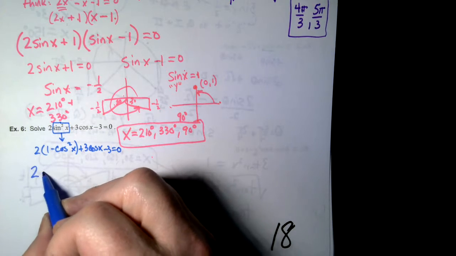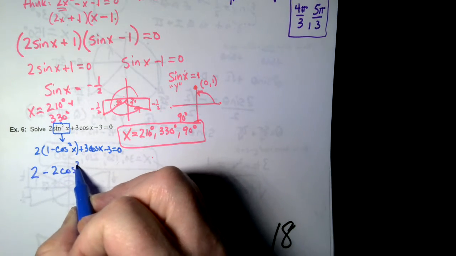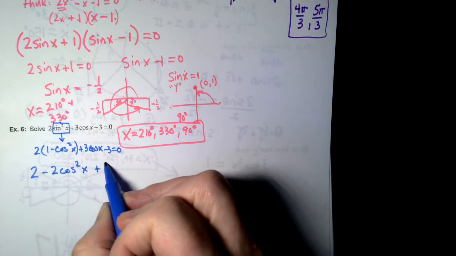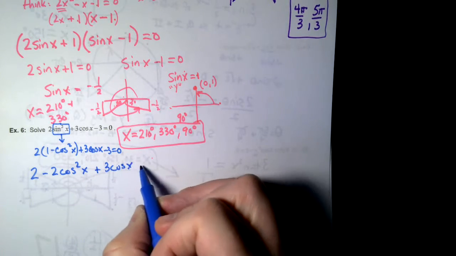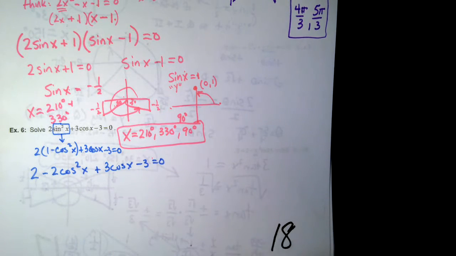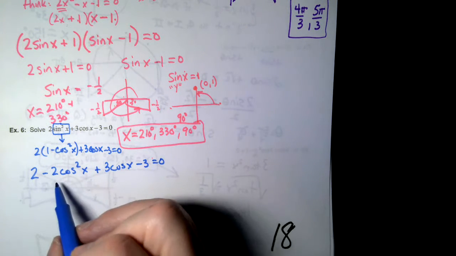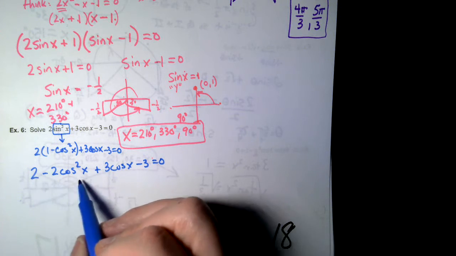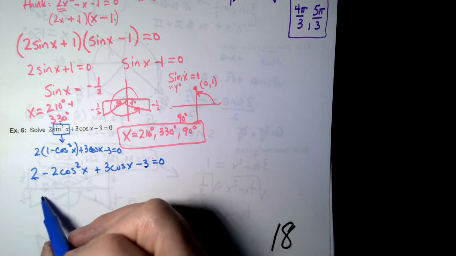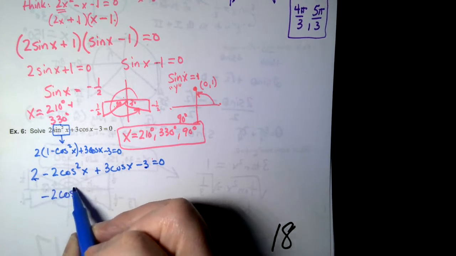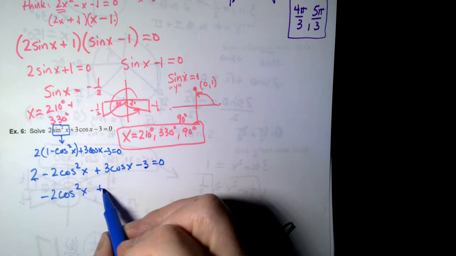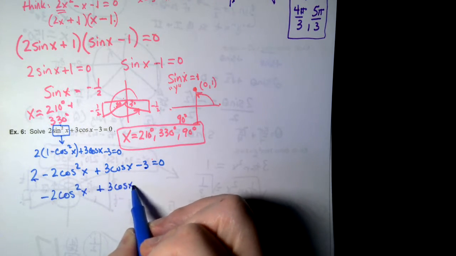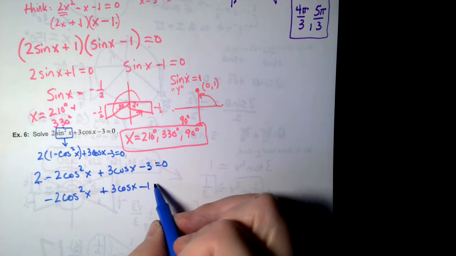That would give me 2 minus 2 cosine squared x plus 3 cosine x minus 3 equals 0. I do have to combine like terms. Never mind, I was going to say don't worry about combining like terms, but this 2 and this negative 3, plus 3 cosine x. Add that 2 and negative 3, you get negative 1.